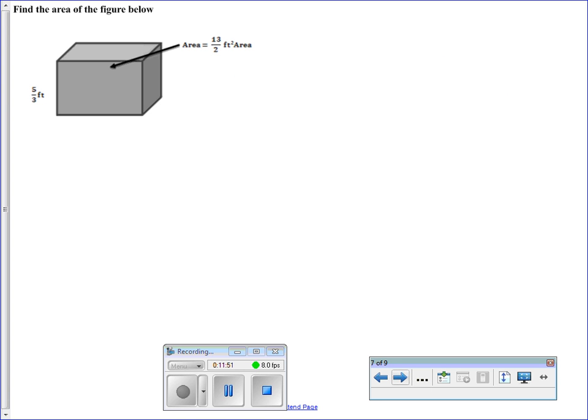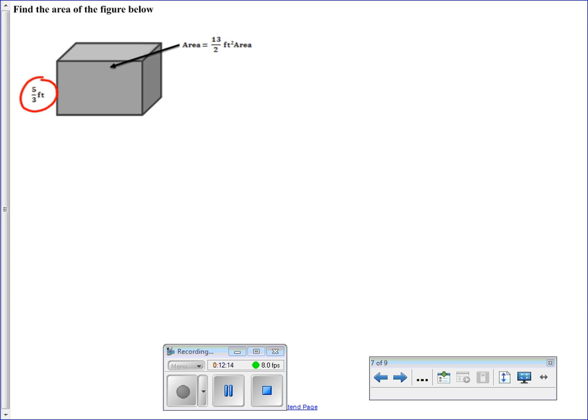On your notes, the height did not print. I don't know why it's on my screen. So the height is 5/3 feet. So now can I use length times width times height to find the volume of this rectangular prism?